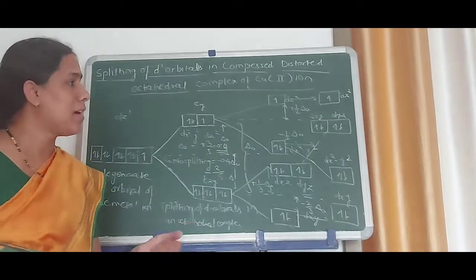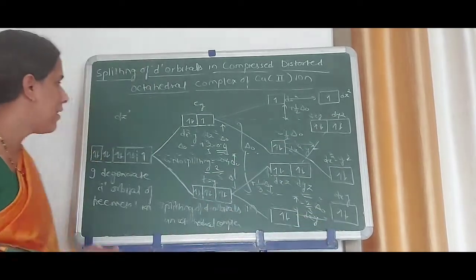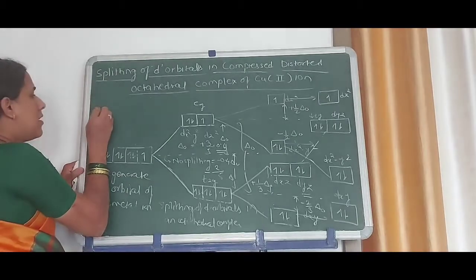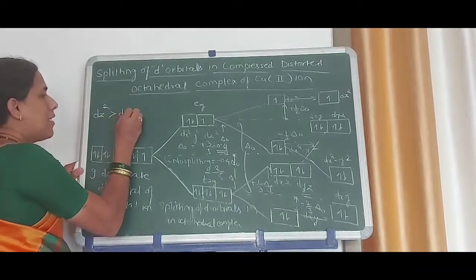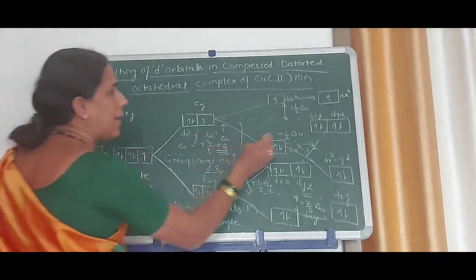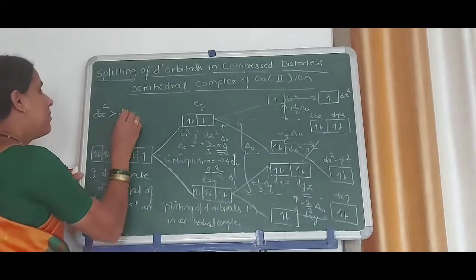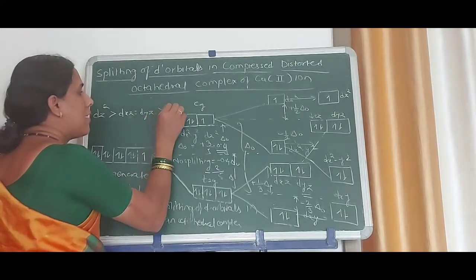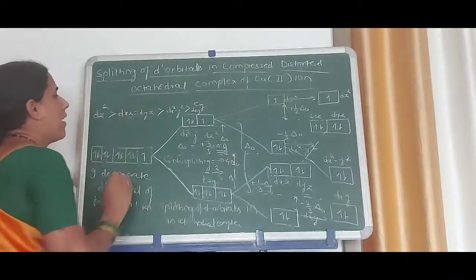Now the next point is the stability of these 5 orbitals. Therefore the stability order is as follows: dz square is greater than dxz and dyz, which is greater than dx square minus y square, and greater than dxy.